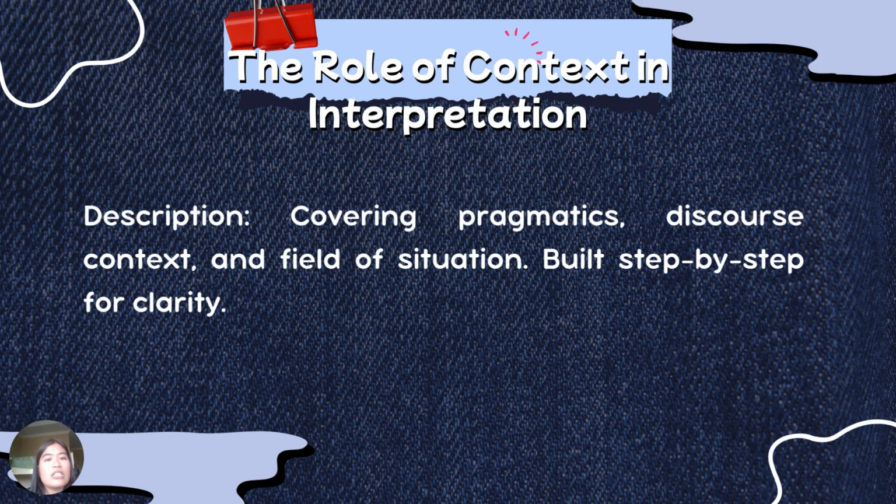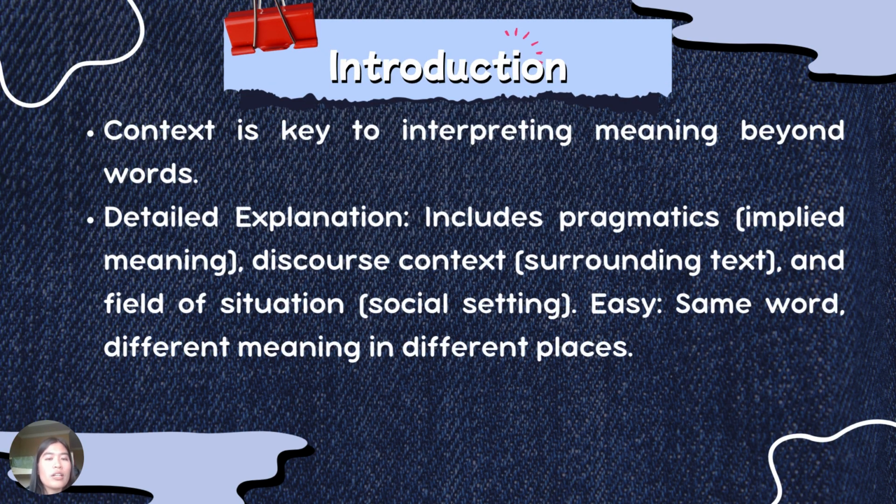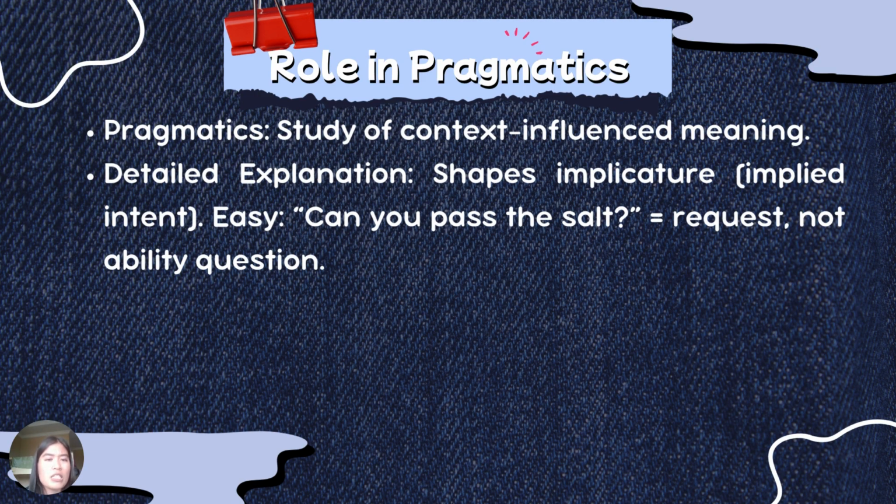So the last is the role of context in interpretation. Comparing pragmatic, discourse context and the field of situation, step by step for clarity. Context is key to interpreting meaning beyond words. Pragmatics studies how context influences meaning, for example shaping an imperative. Can you pass the salt?